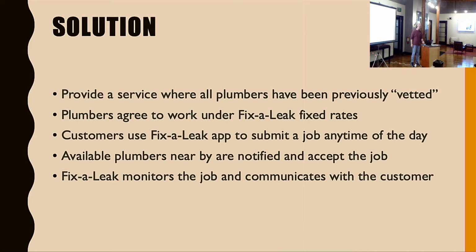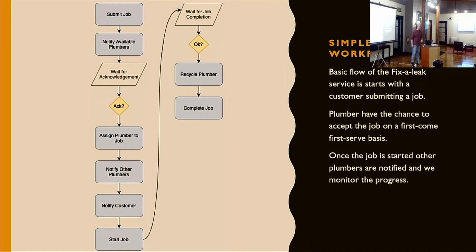So let's look at the workflow. Simple workflow. Basically, customers submit a job through the app or website. We notify available plumbers in the area, and then wait for an acknowledgement. If we get a successful acknowledgement, we assign the plumber to the job, and notify the other plumbers that this job's not available anymore.